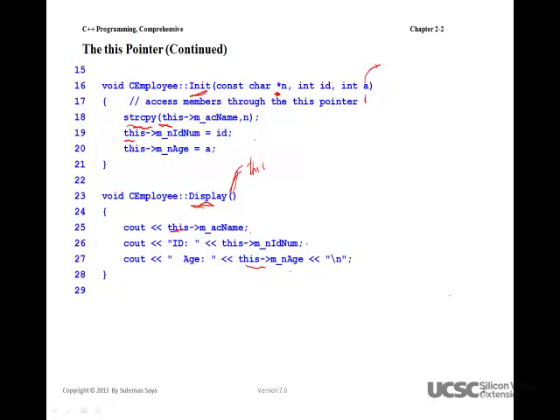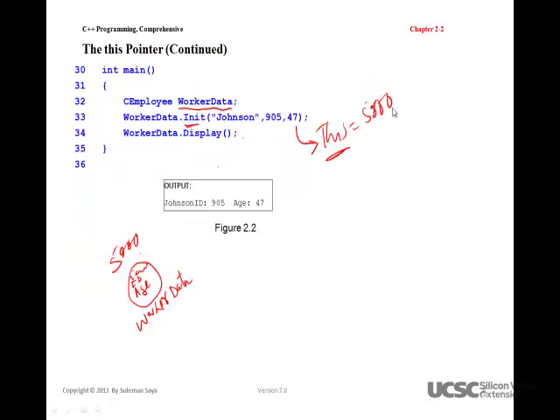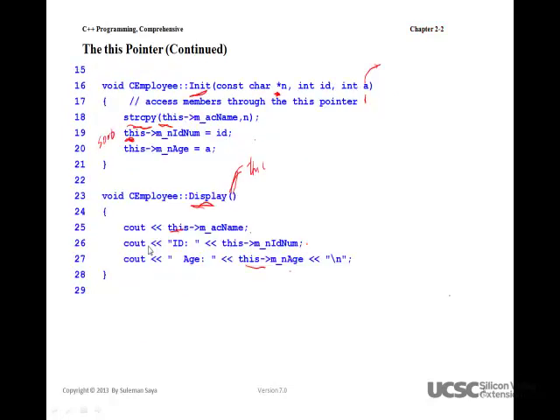Similarly, this one is 5,000. So this is holding the 5,000 value, the address, because of this next slide right here. Because I created the object at location 5,000, this will be holding the address 5,000, so it will be putting this ID at that particular location, 5,000-something.